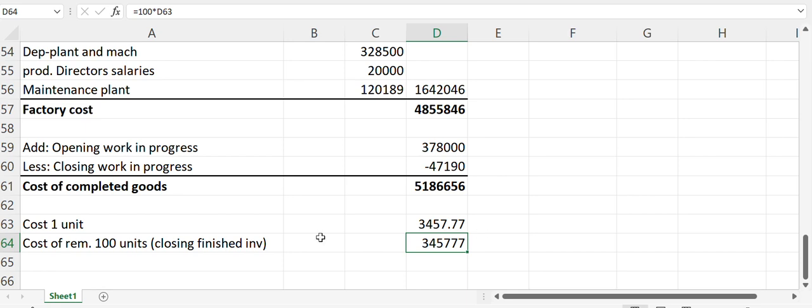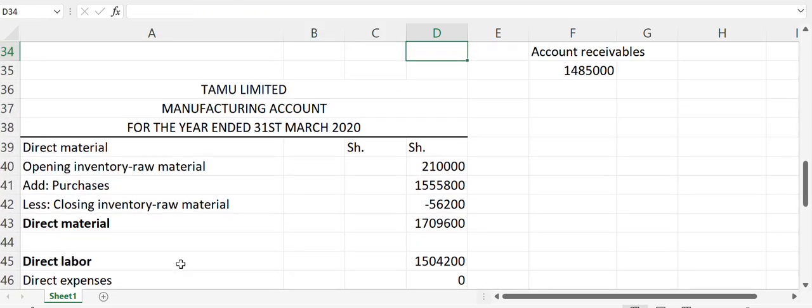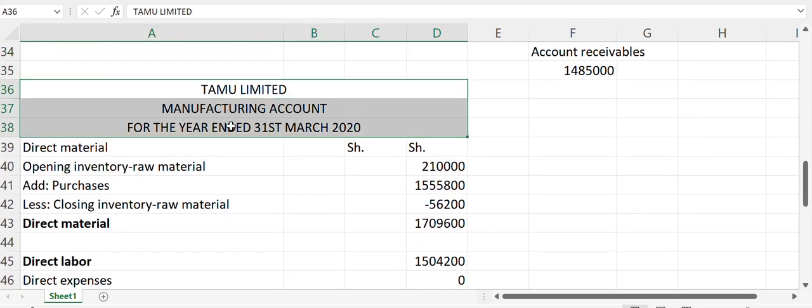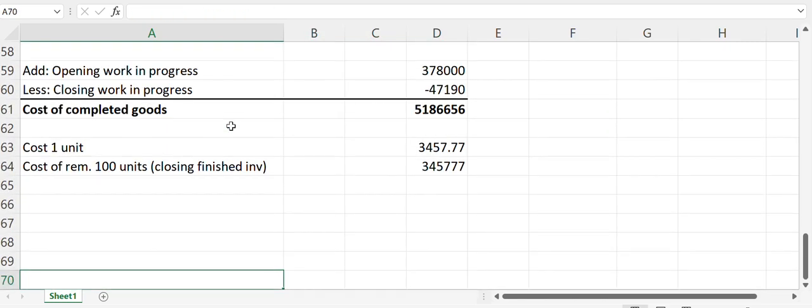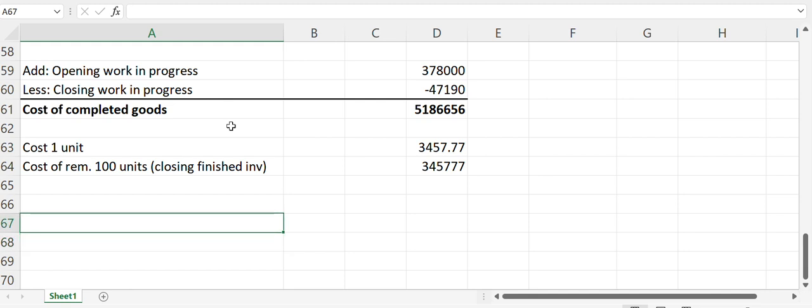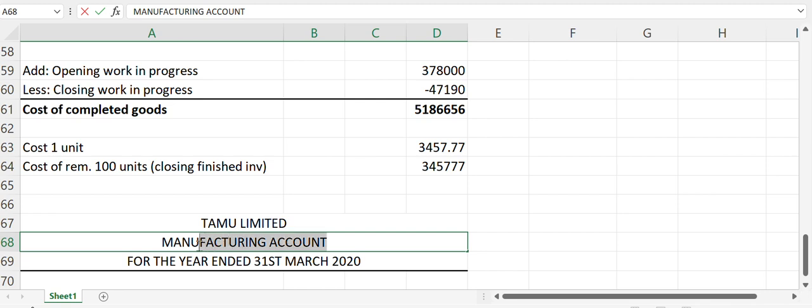Okay. So from there now we can proceed and open the income statement. We are required to open the income statement. So let us open the income statement. I'm going to replace this with the word income statement.